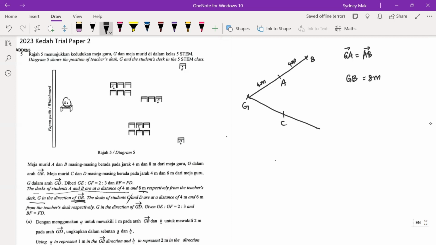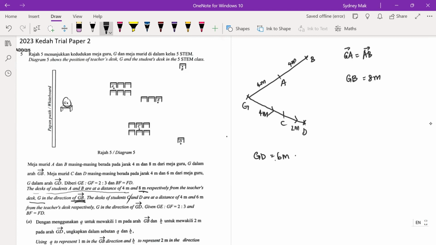So let's say this is D. And therefore we will have GC 4 meter and C to D, because G to D is 6 meter, therefore this one must be 2 meter. So from here, we know that GD equals 6 meter.